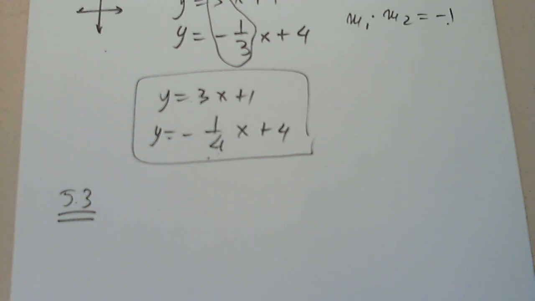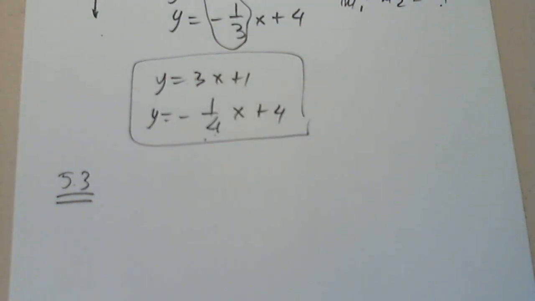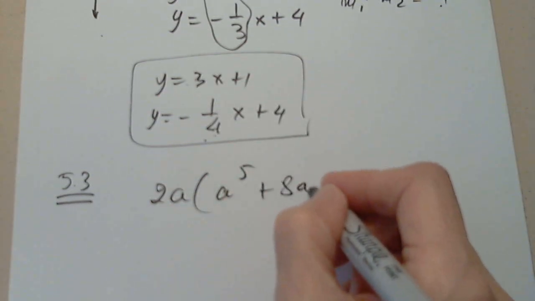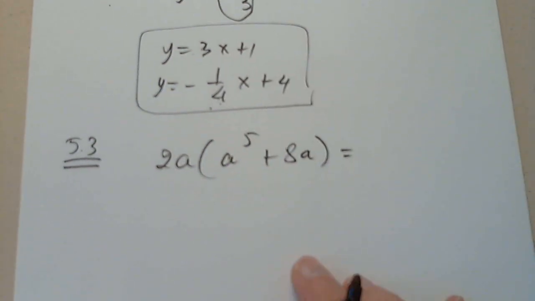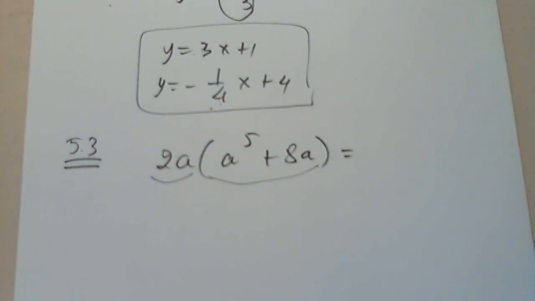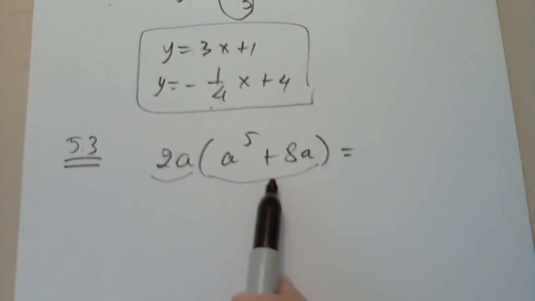Okay, so let's look at some examples from 5.3, which is basically a review of what we just did. So if we have 2a times a to the 5th plus 8a, we want to multiply these two. And as you see, this is a monomial and this is a binomial. We discussed how to multiply a monomial by a binomial.